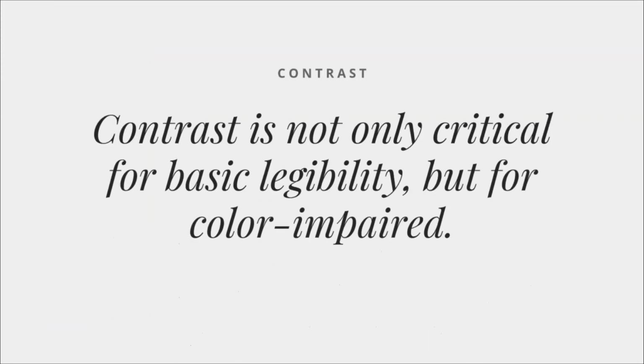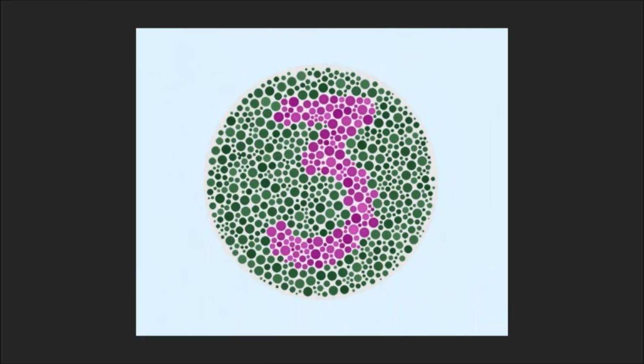Contrast is not only critical for basic legibility, just for reading it, but for the color impaired. I bet most of you didn't know that 1 out of 12 men and 1 out of 200 women are actually colorblind. And so we want to really pay attention to visual contrast. If you're not familiar with color blindness, there are multiple degrees and levels and types of color blindness.